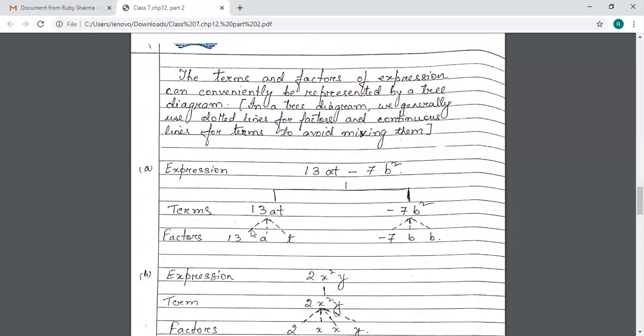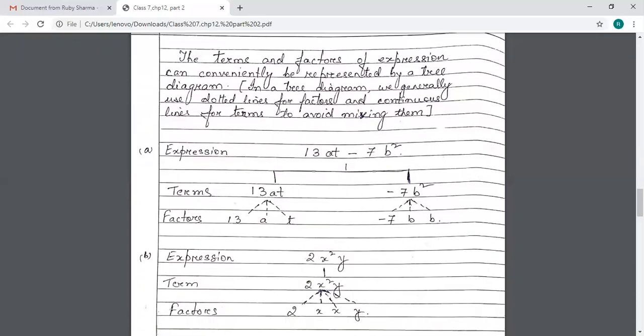So for 13ad, there are three factors, 13, a and d. So there are three dotted lines here. For minus 7b square, we have written minus 7 here, b and b. Here we don't have to worry about writing minus 1 separately because we already have minus 7. So minus 7 b into b gives you minus 7b square.